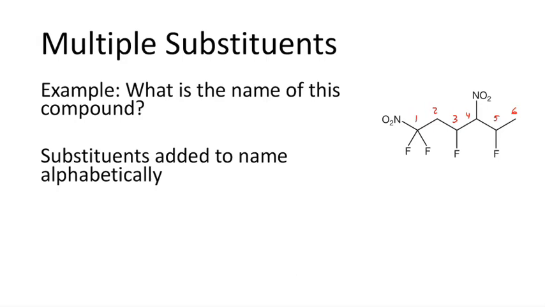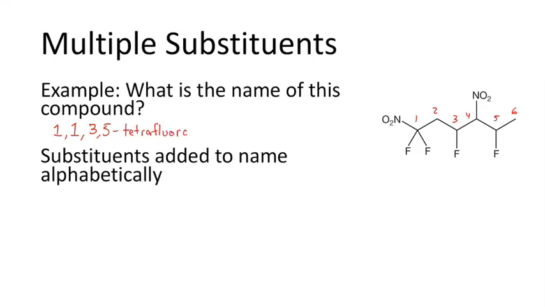So let's start with the name. So we're going to start with the fluorines because they come before nitro. So the location of the fluorines are 1, 1 because there's 2 of them, 3, 5, and then we would call this tetrafluoro.